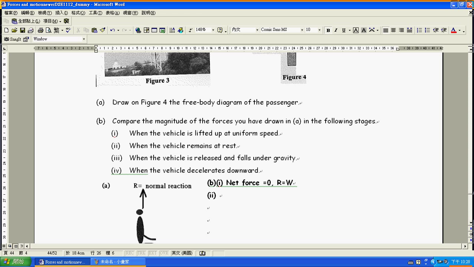And then in part 2, when the vehicle remains at rest, the same reasoning. The net force is 0. And the third part, when the vehicle is released and falls under gravity. So a is maybe acceleration.